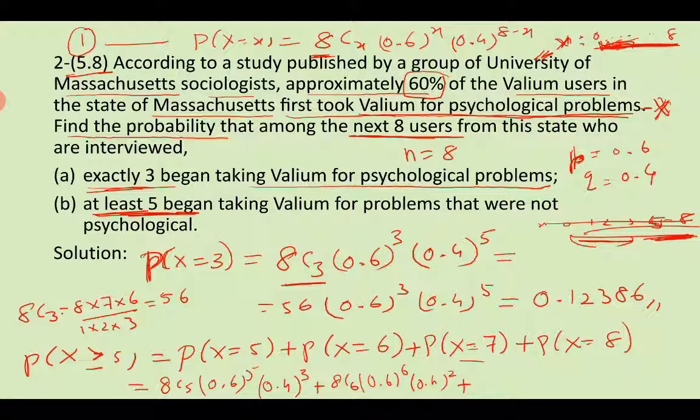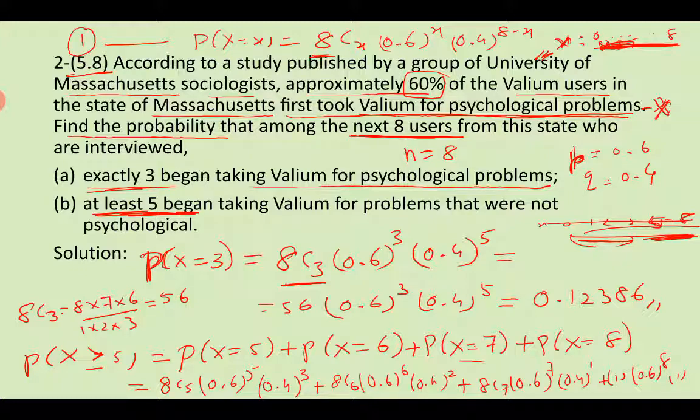Plus for 7: 8C7, 0.6 to the power 7 and 0.4 to the power 1. Finally 8C8 is 1, and 0.6 to the power 8, 0.4 to the power 0 will be 1.